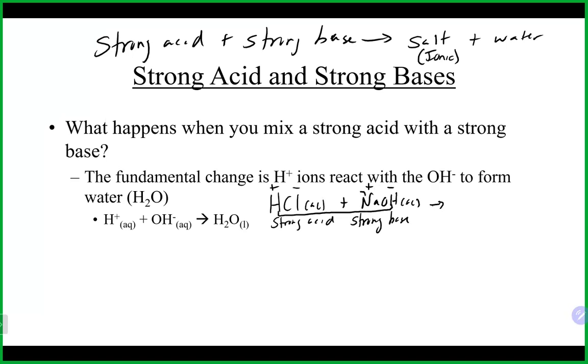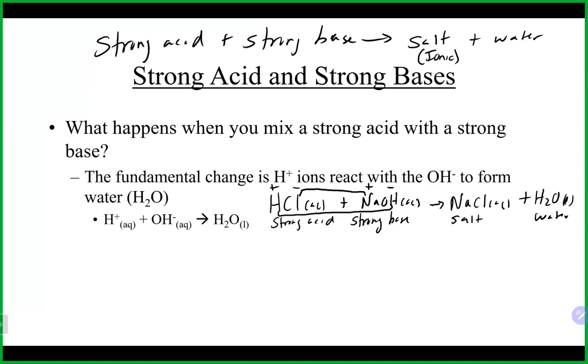These guys are going to come together, and these guys are going to come together. And the result of that is we will make sodium chloride, which is aqueous because there's sodium in it. And we will make water, which is a pure liquid. And this is our salt, and obviously this is our water in this particular case. That is the molecular equation.